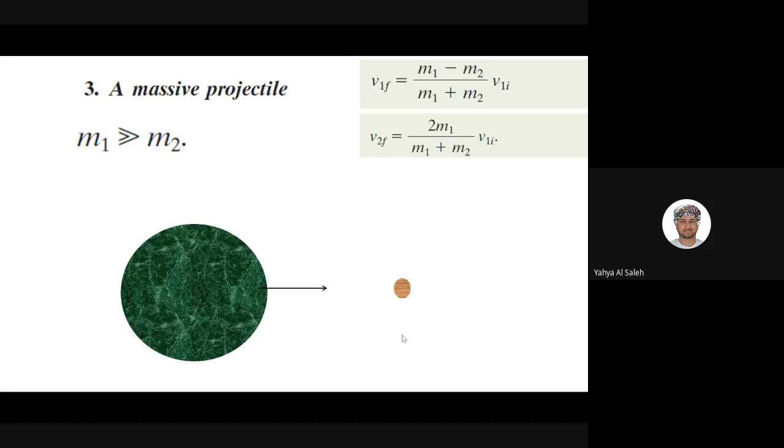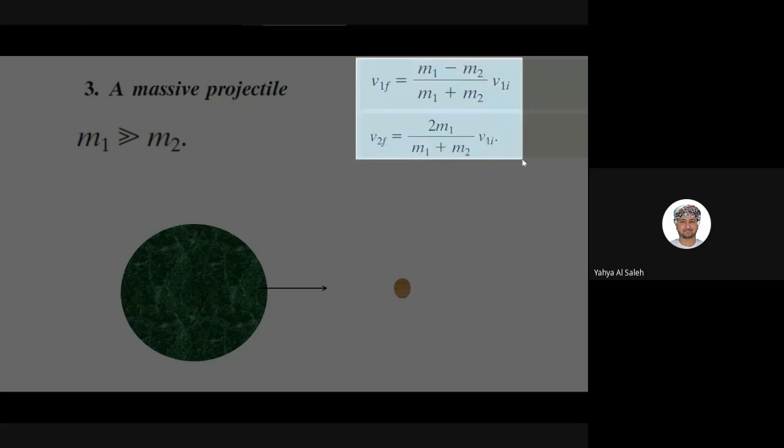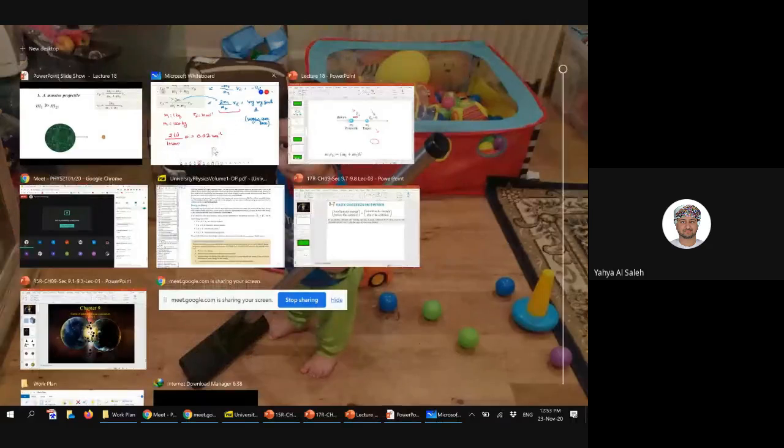Both of them are going to move. Excellent. With what velocities? The same velocity of the big one. Let's try it out. And let's try it out with some numbers and see what we get.